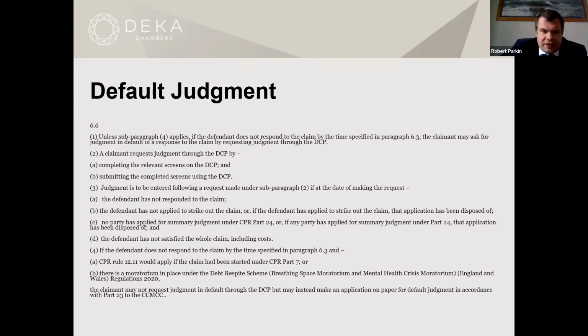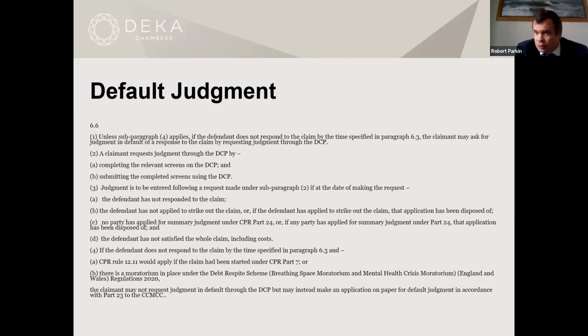The defendant does not respond to the claim. The defendant does not apply to strike out the claim, or if the defendant has applied to strike out the claim, that application has been disposed of. No party has applied for summary judgment, or that application has been disposed of. The defendant has not satisfied the whole claim. Nothing unusual there. Essentially the same requirements for a conventional judgment in default.